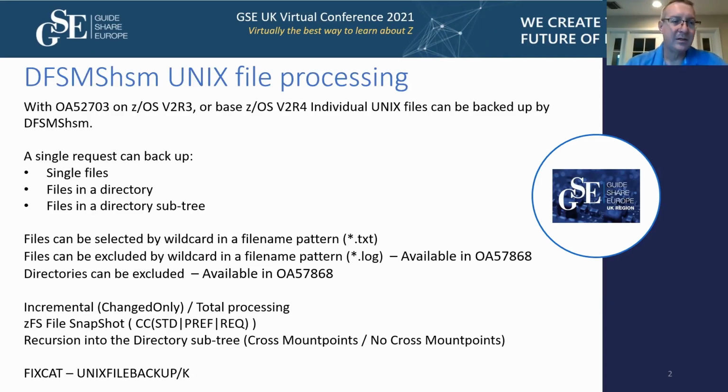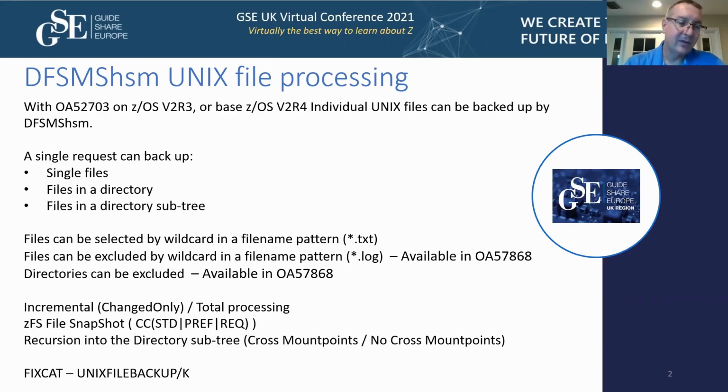We had just released this OA52703 APAR, on 2.3 and 2.4 and above, and it lets you back up Unix files using HSM and keep them in the HSM inventory, and tried to add a lot of useful features where you could back up all the directories and the files in a directory, all the files in a directory subtree, so that you could manage how you're backing things up however you wanted to.